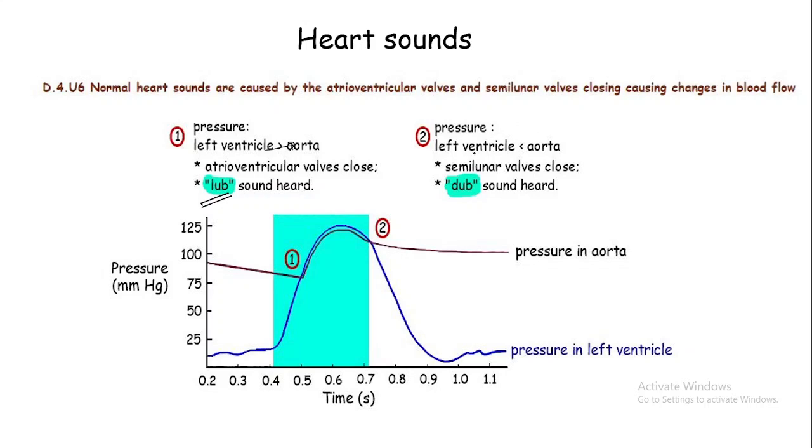When blood goes from the left ventricle to the aorta, semilunar valves close and the dub sound is heard. Just remember that the lub sound is created by atrioventricular valves and the dub sound is created by semilunar valves.